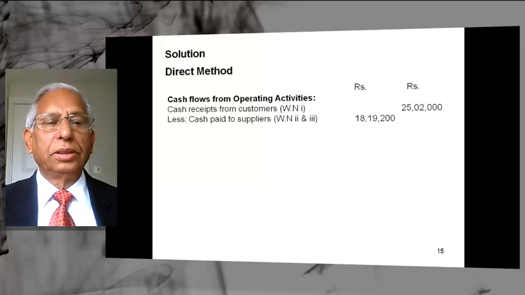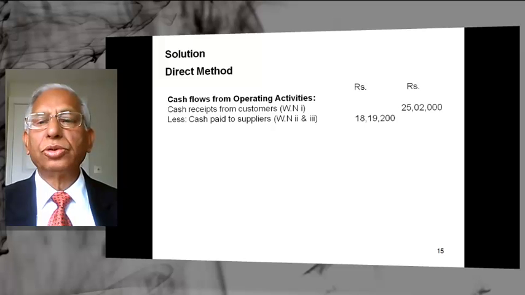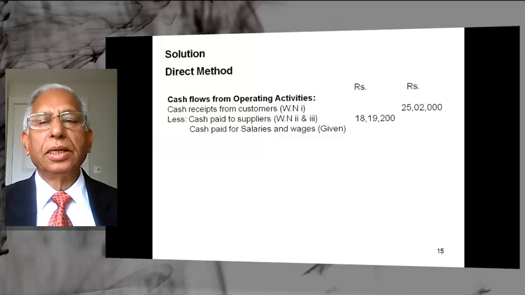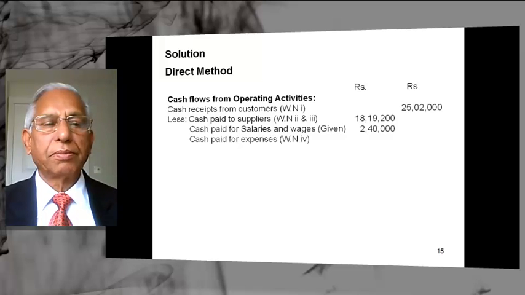Total of cash paid to suppliers comes to rupees 18 lakhs 19,200. Next item is cash paid for salaries and wages. This is given in the illustration. So no need to calculate this item. This is 2,40,000 already given in the illustration.